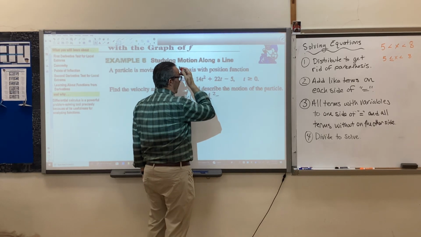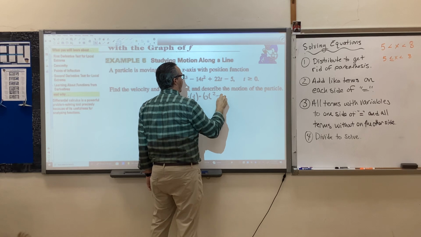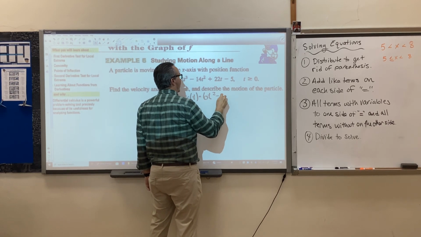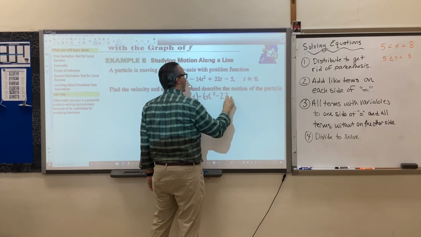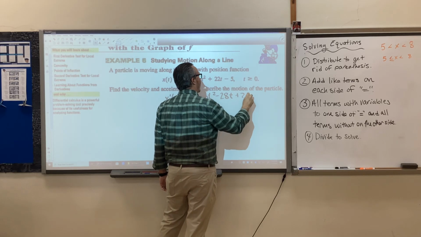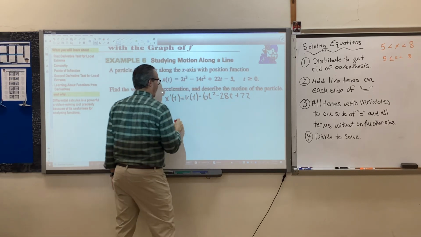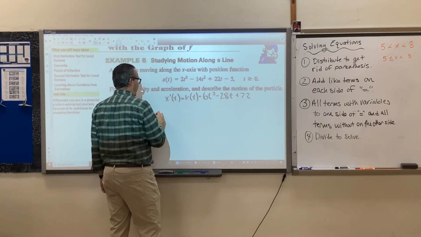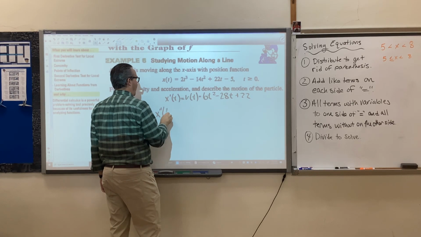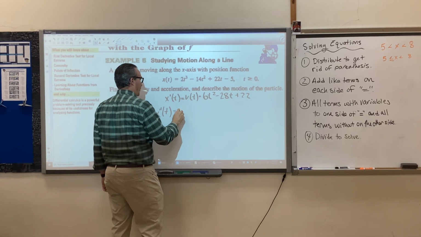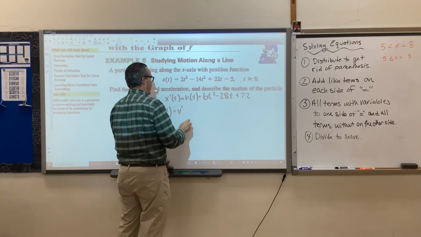Velocity is 6t squared minus 28t plus 22. And acceleration is going to be 12t minus 28.